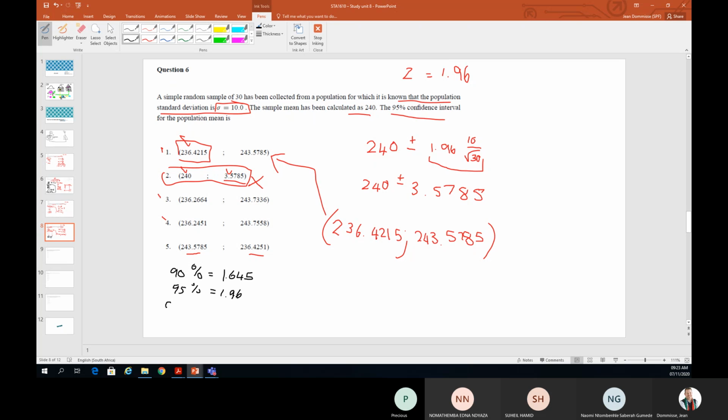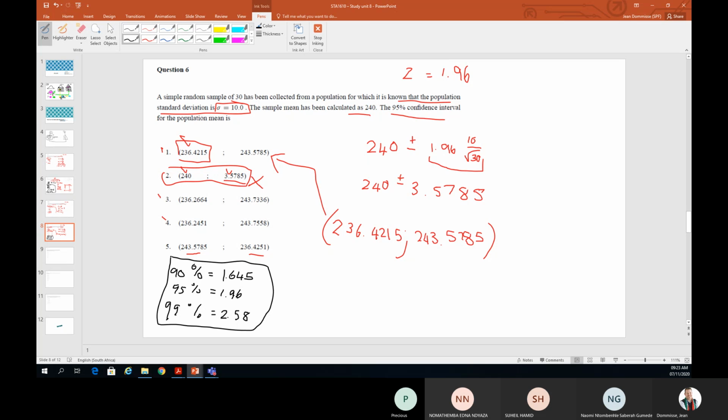And when we work with 99%, we work with a Z that is equal to 2.58. So those are the three that they use, mostly 95, but they can ask for 90 or 99.